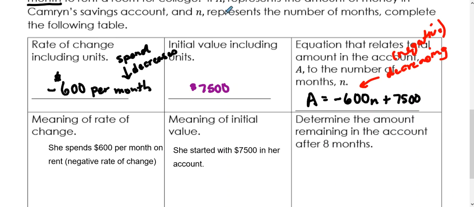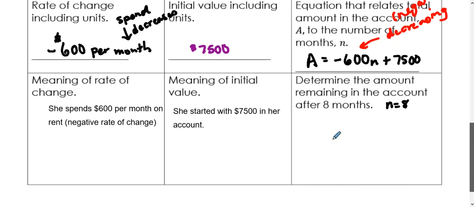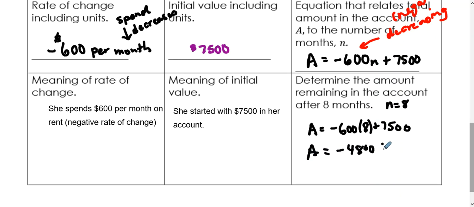Okay, so when I put in my value for n equals 8 here, all right, negative 600 times 8 plus 7,500, it will show us that we're decreasing by that much money. So 600 times 8. So this is negative 4,800. So that's how much she spent.